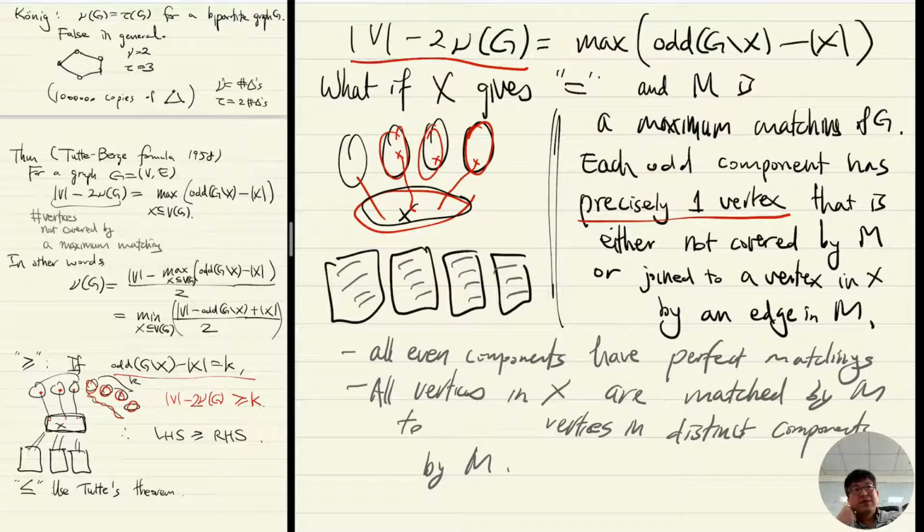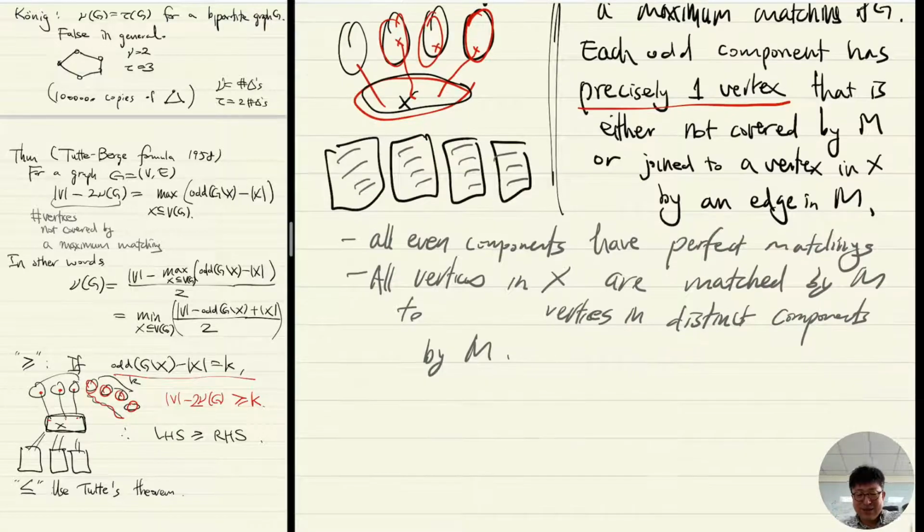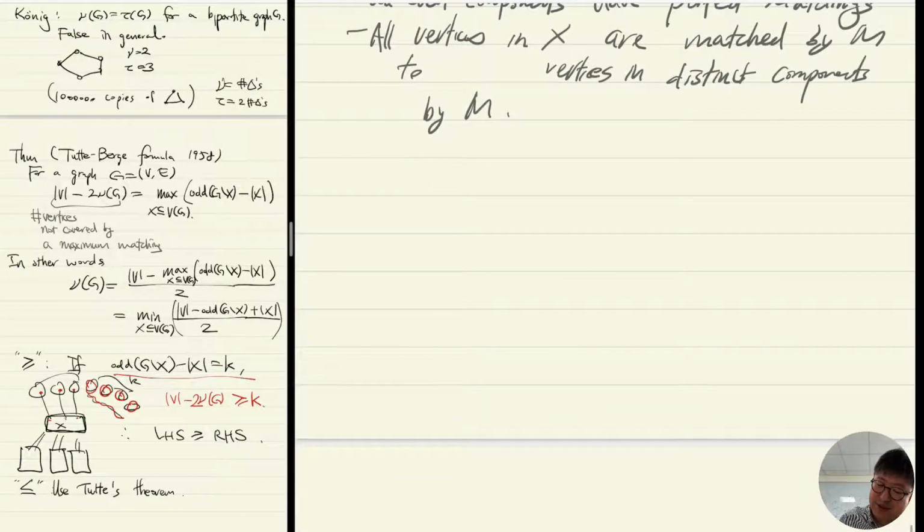We want that maybe we can build all maximum matchings by picking a vertex that my maximum matching will not cover, and then build a maximum matching avoiding this particular vertex. So the question to ask is, do we have a kind of a converse?